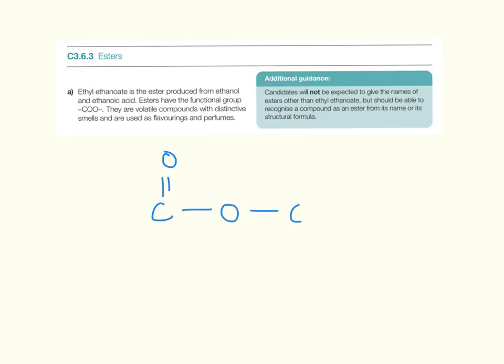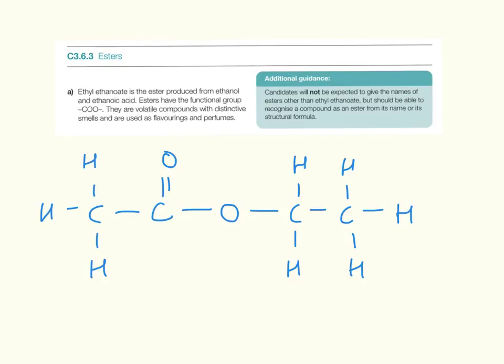In fact, let's draw ethyl ethanoate. So here's the ethyl part, 2 carbons here. And then the ethanoate part. So you've got ethyl, 2 carbons, ethanoate, 2 carbons.